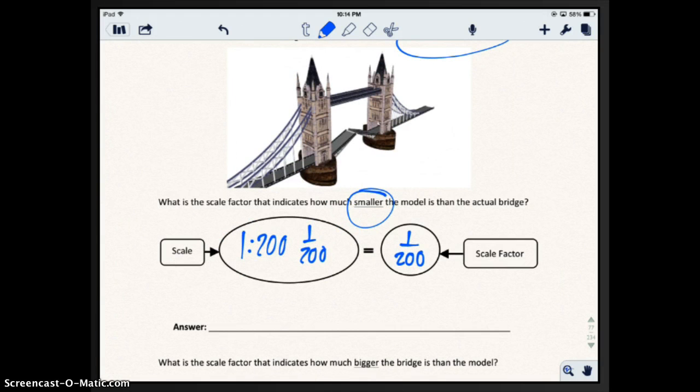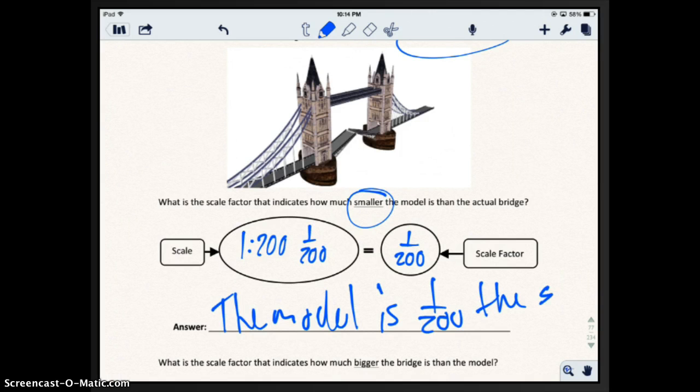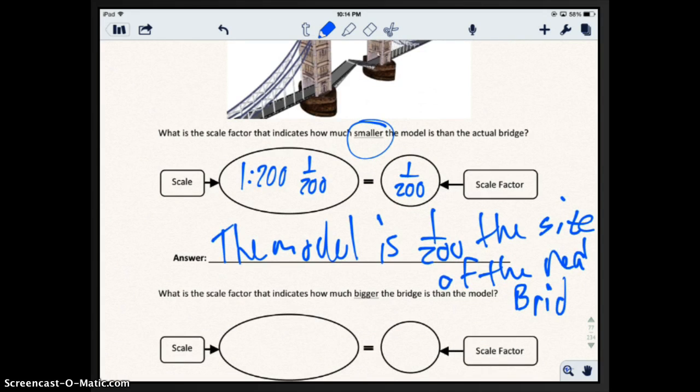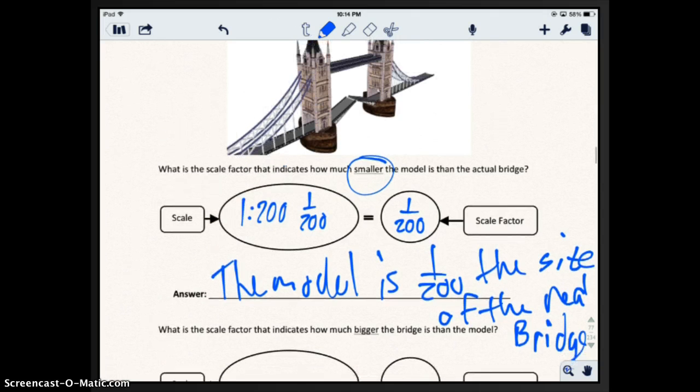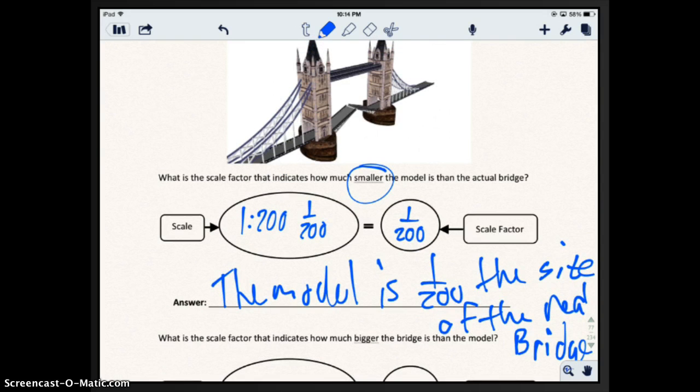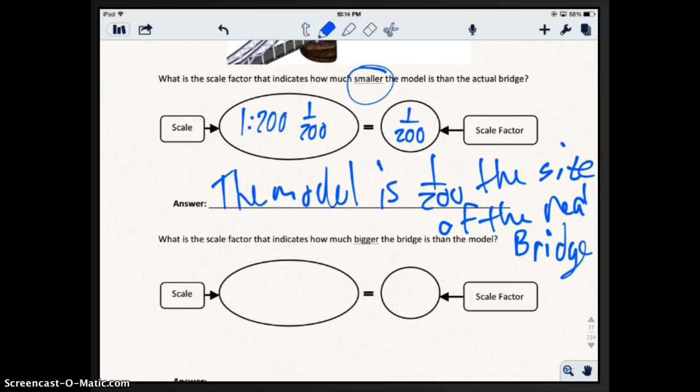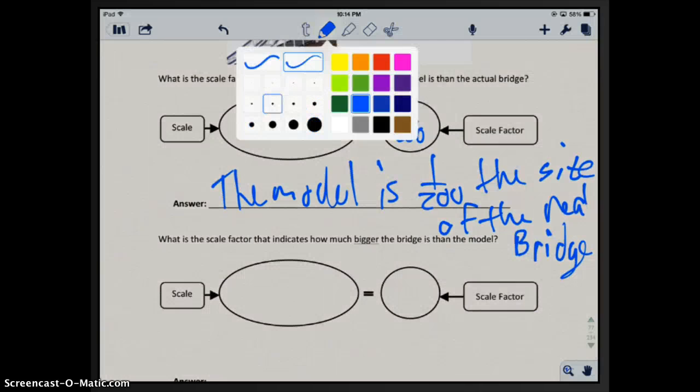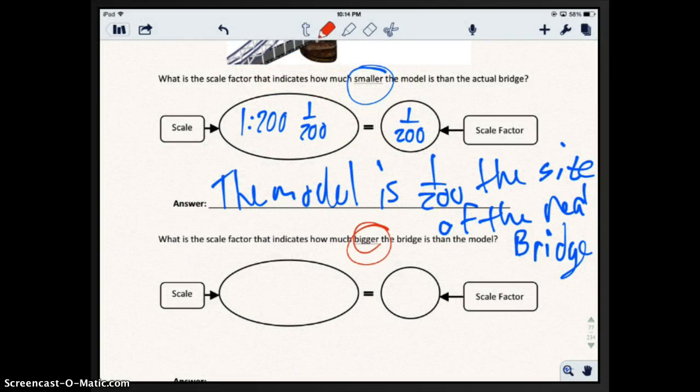That's the scale factor. The model is 1/200th the size of the real bridge. So it's quite a bit smaller. What is the scale factor that indicates how much bigger, so this is different, how much bigger the bridge is than the model?